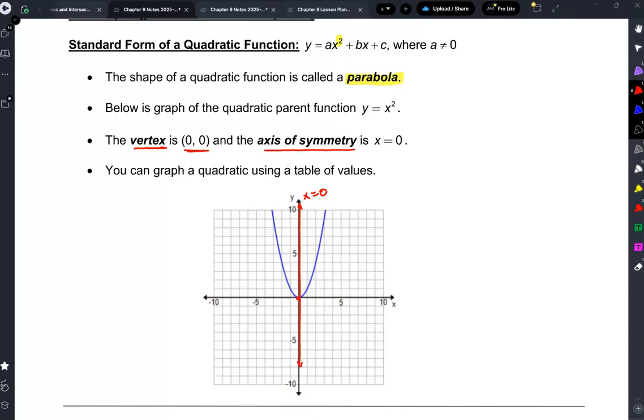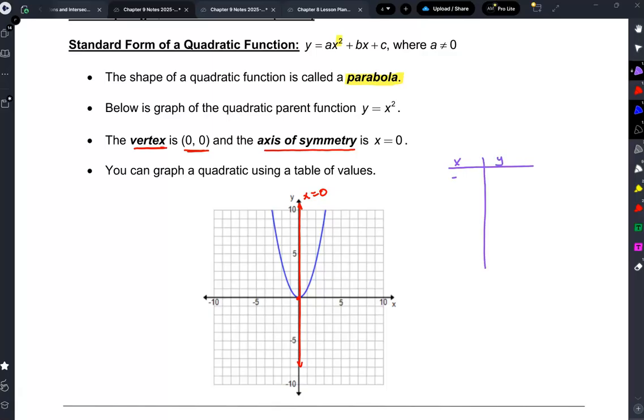Now, how do we graph quadratic functions? Well, there are lots of ways, but today we're going to do it using points. So let's see how that works. So what we're going to do is we're going to have x, we're going to pick points, and then y.